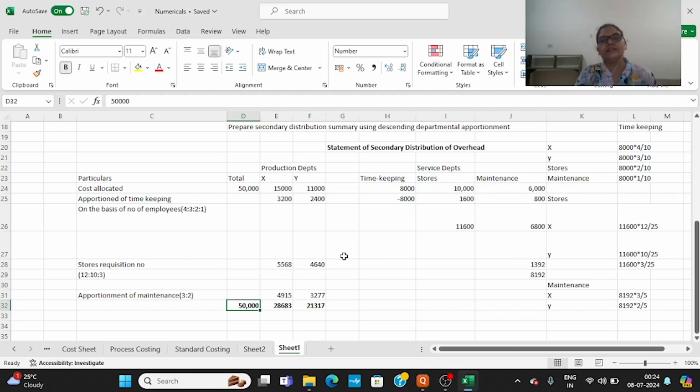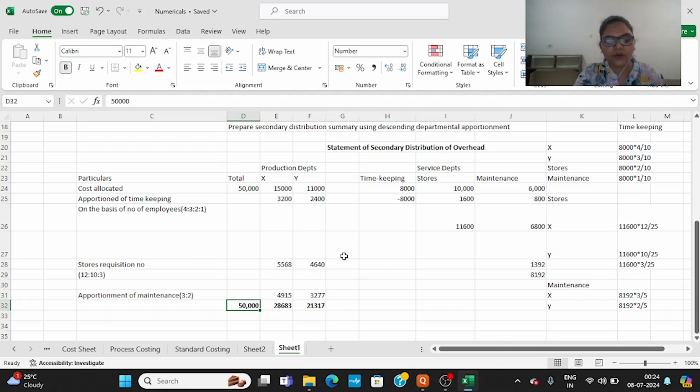This is called the statement of secondary distribution of overheads. Basically, in this secondary distribution of overhead, the overhead of the service cost center ranked first is reapportioned to all cost centers including service centers.